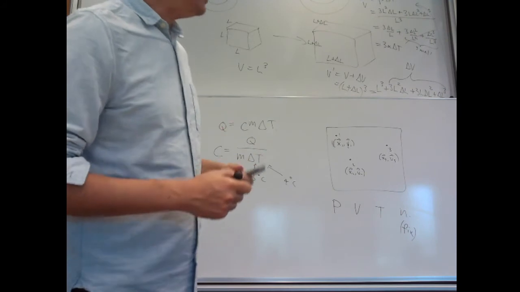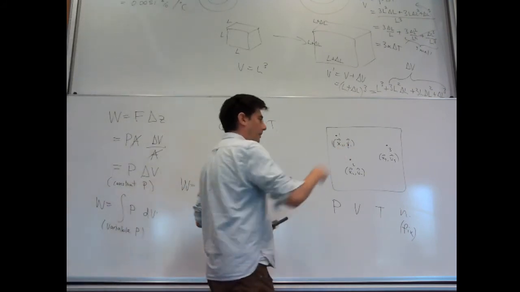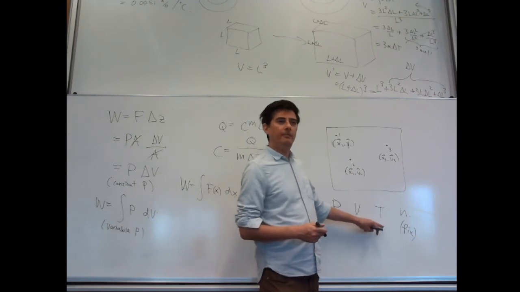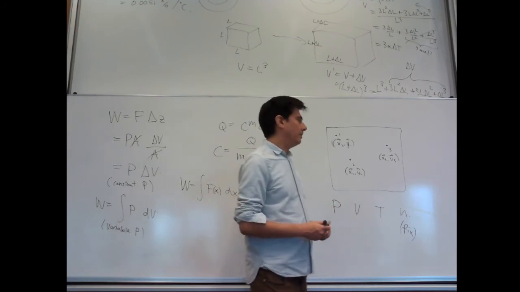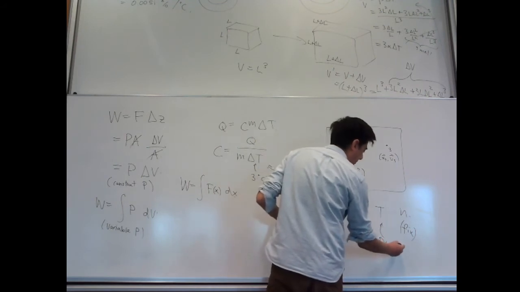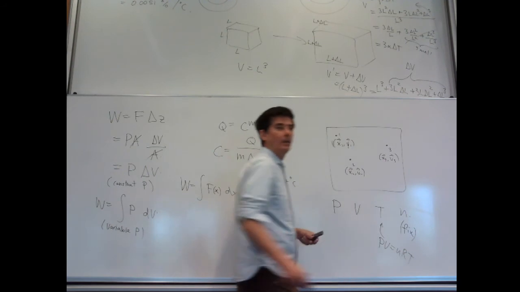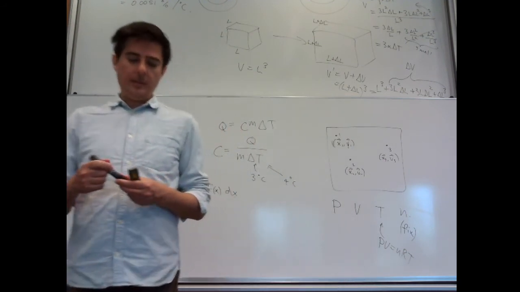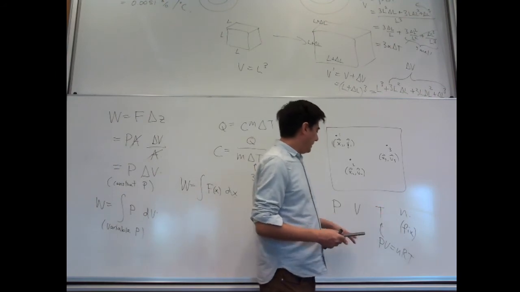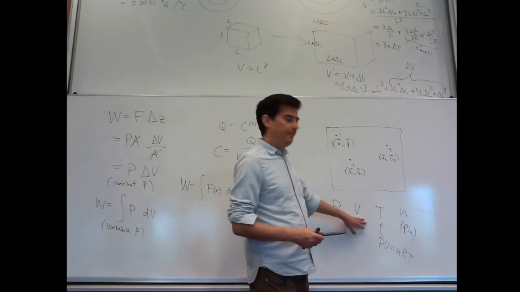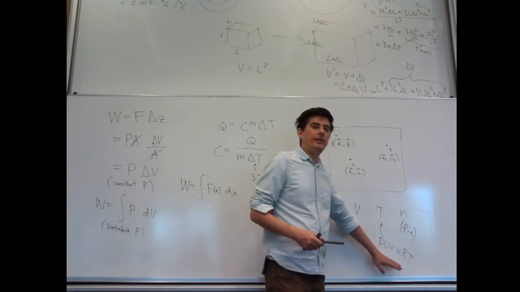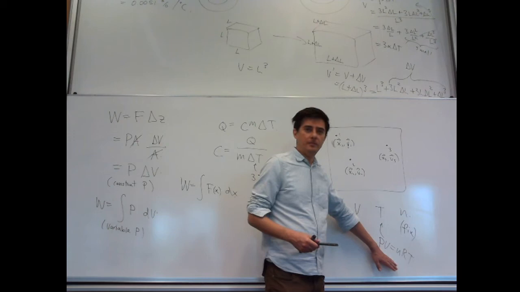Now we haven't really done it yet, but as for temperature, it's actually not really an independent variable. Some of you probably have seen this relation of PV equals nRT. If n is fixed and you know P and V, then temperature is more or less fixed by this ideal gas equation.